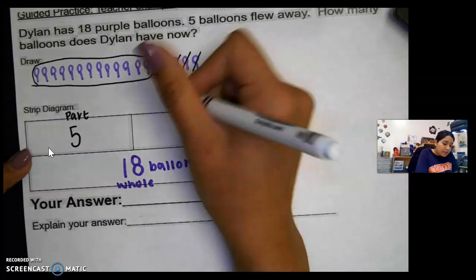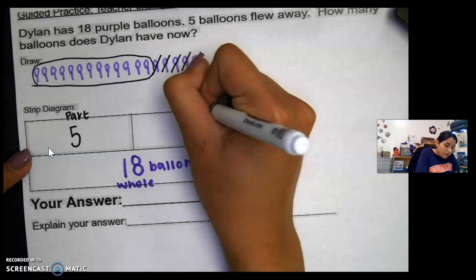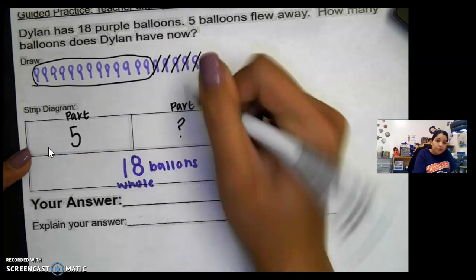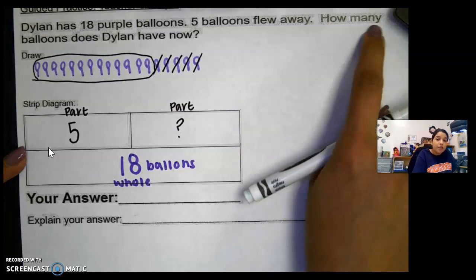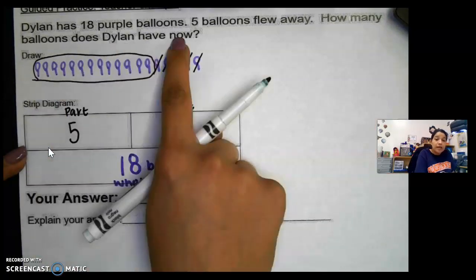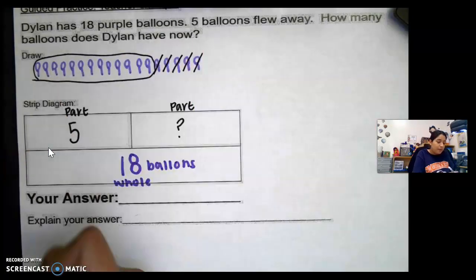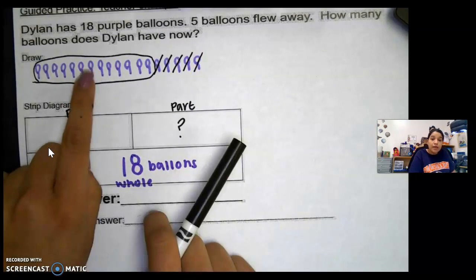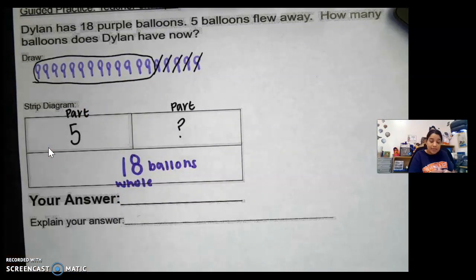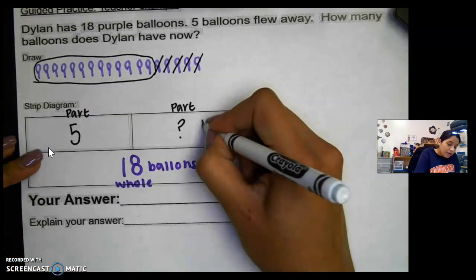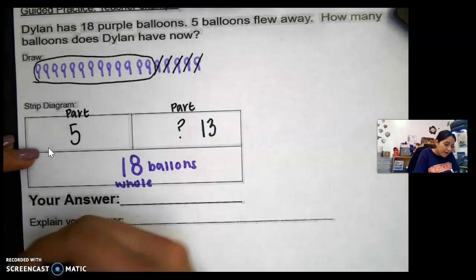So we are missing our other part. That was our mystery number. This part was our mystery number because we wanted to know how many balloons Dylan has now. So how many balloons did we count he had left? 13. So he had 13 left.